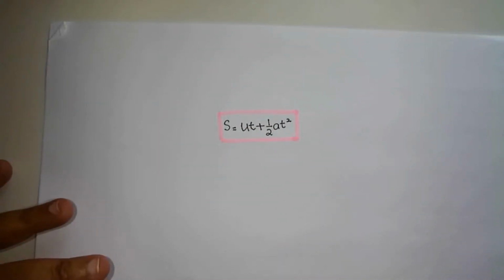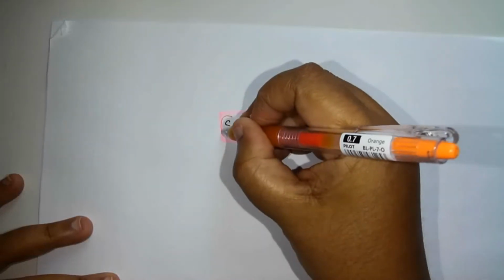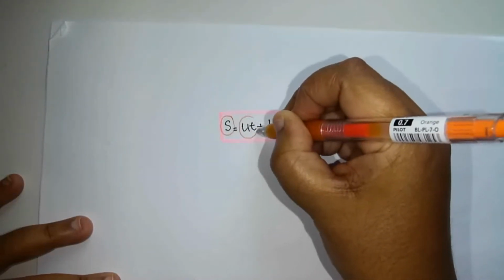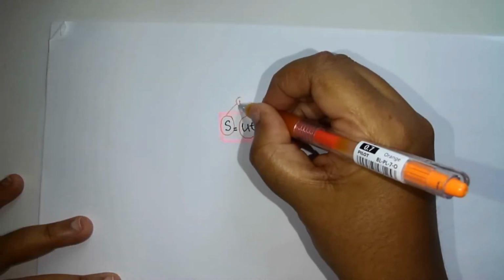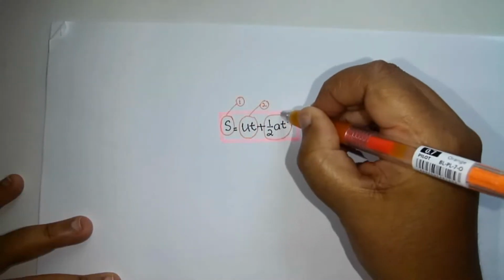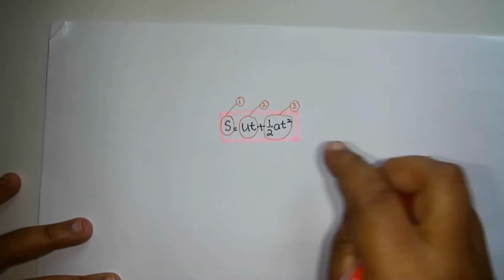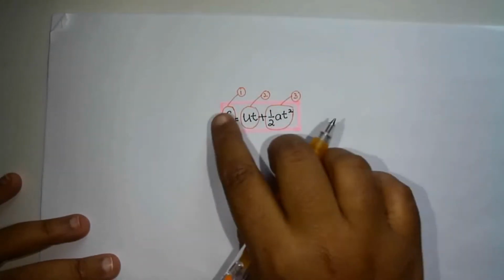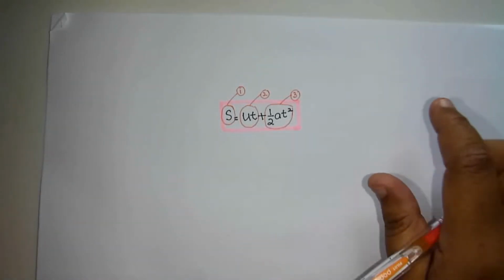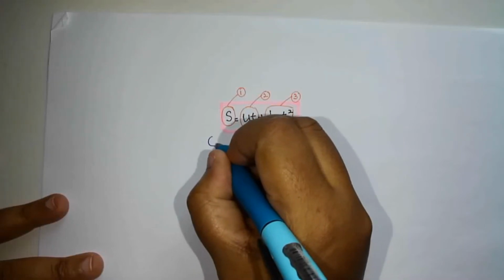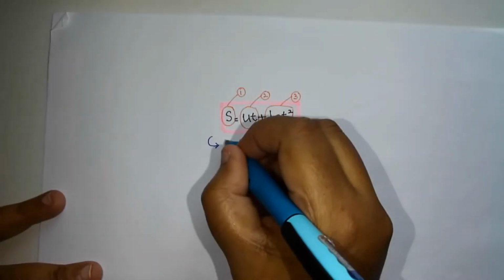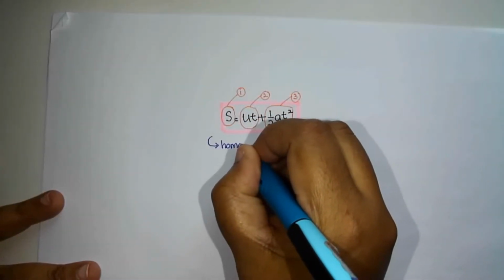So you see here, in this equation there are three terms: first term, second term, third term. Term 1, term 2, term 3. I'm just telling you there are three terms.